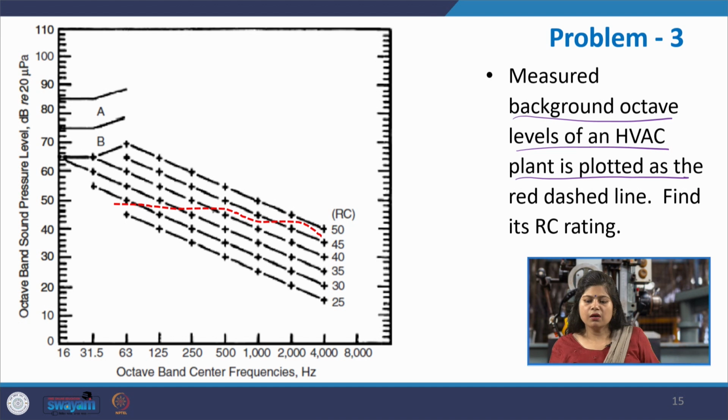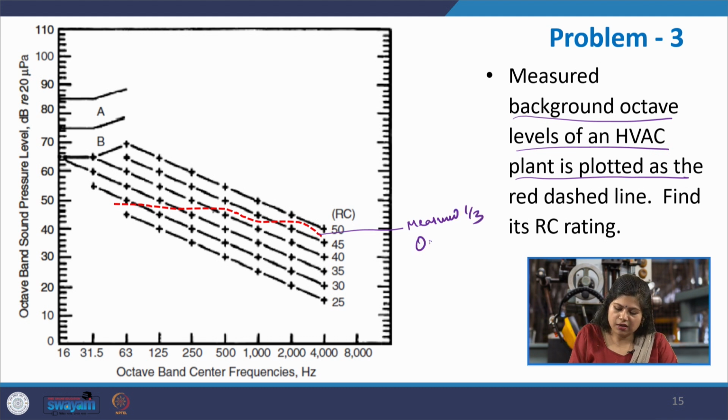So, in an HVAC plant we have measured the background octave levels, and that is plotted as this line. So, this is the measured 1/3 octave levels of an indoor space. Okay. So, you have to find what is its RC rating.